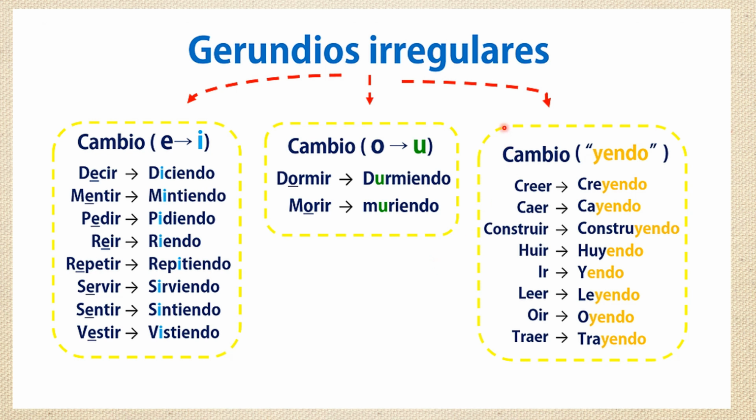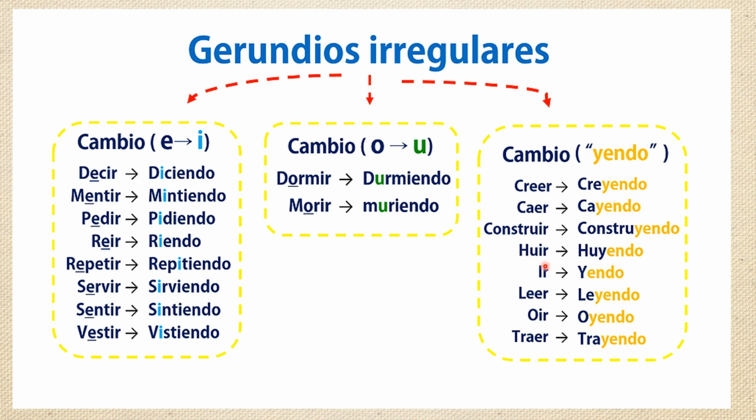The third category is the yendo category, where after removing ER, IR from the verb, we will add yendo. Creer becomes creyendo. Caer becomes cayendo. Construir becomes construyendo.